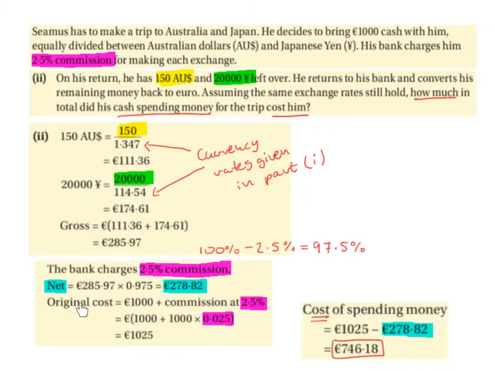So the original cost is the €1,000 plus the commission at 2.5%, which is €1,000 plus 1,000 times 0.025, which is €1,025. So the cost of spending money was €1,025, take away €278.92, which I got from here, leaves us with €746.18, and that's euro.